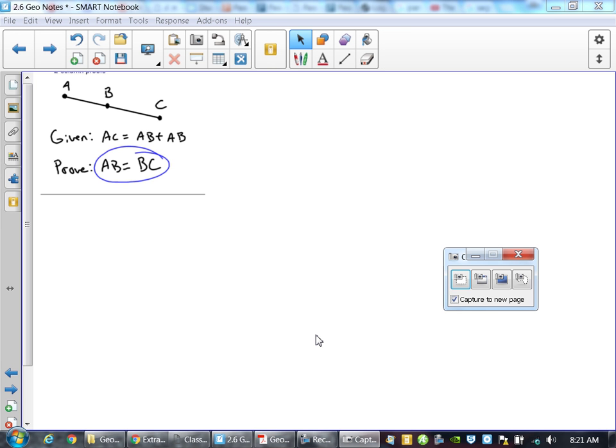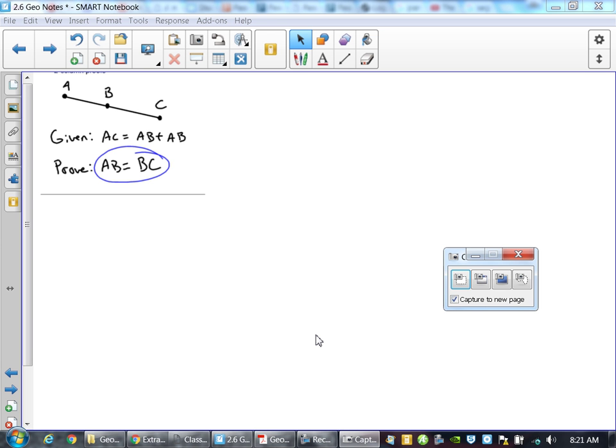They want you to show via logic that AB equals BC. What you're going to use are going to be a mixture of your progression sheet and/or your reason bank. Remember that other sheet with the algebra stuff on there? You might want to have that handy as well, just in case you have to refer to it.